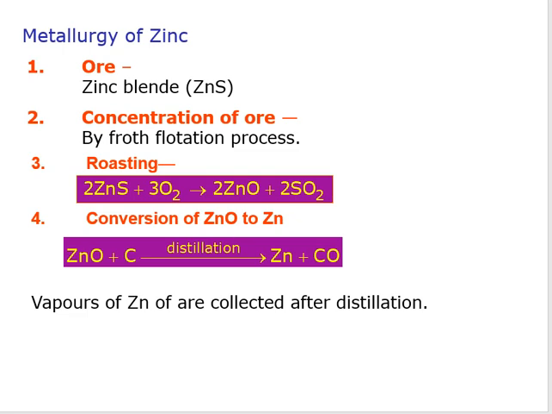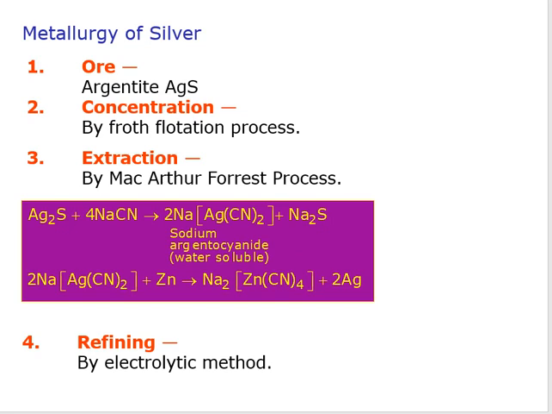The next metallurgy is the metallurgy of silver. The main ore of silver is argentite, Ag2S.